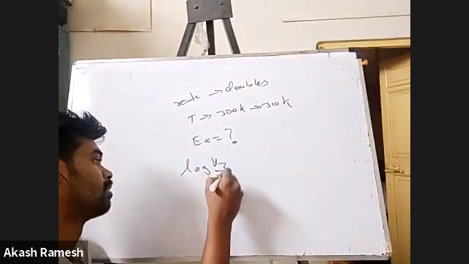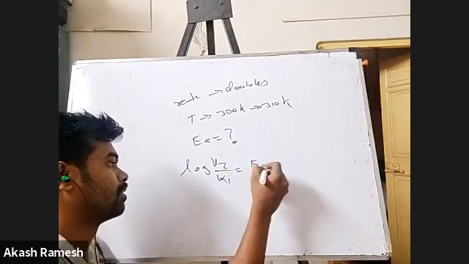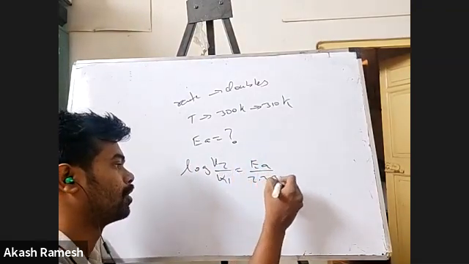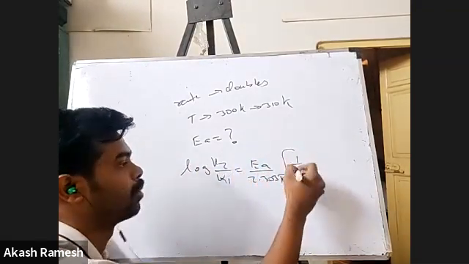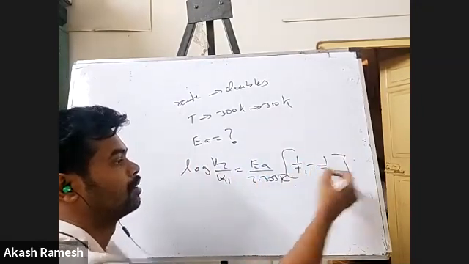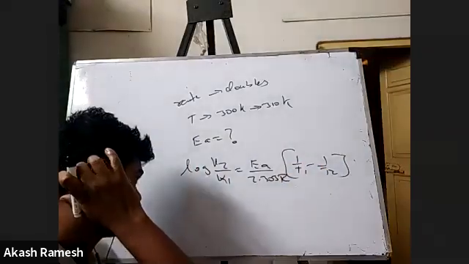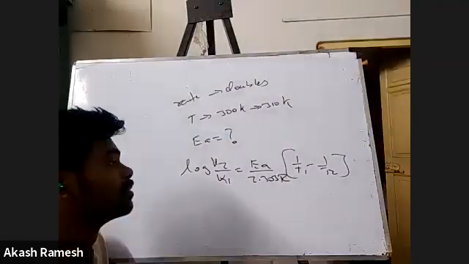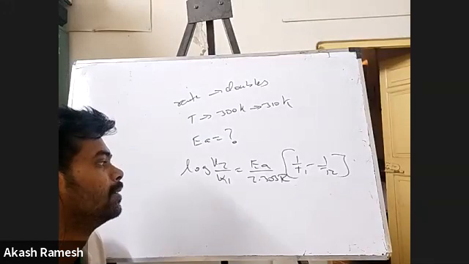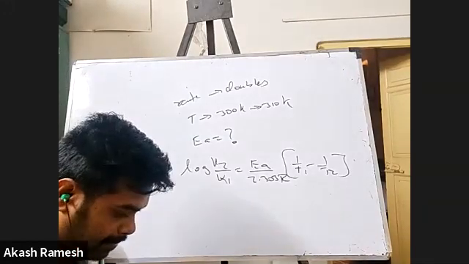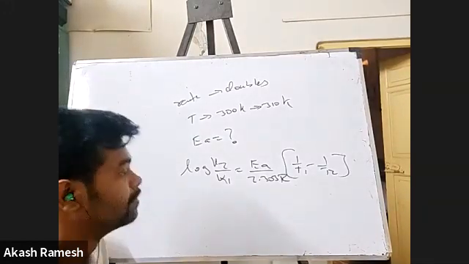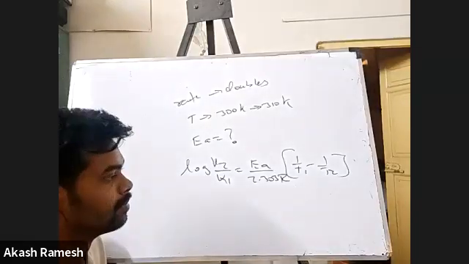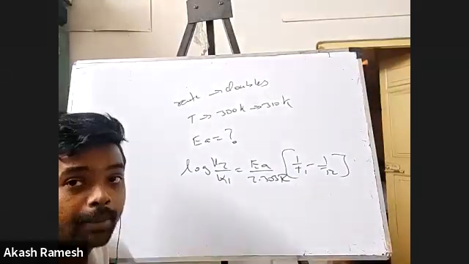It's log K2 by K1 is equal to Ea by 2.303 R into 1 by T1, actually, it will be 1 by T1 minus 1 by T2. T1 will be less, correct, right? So R value you have to use just 8.314.